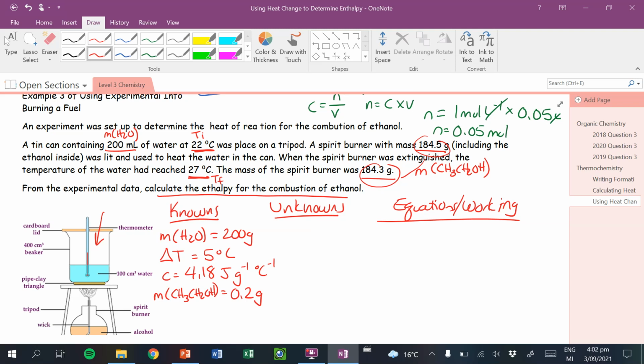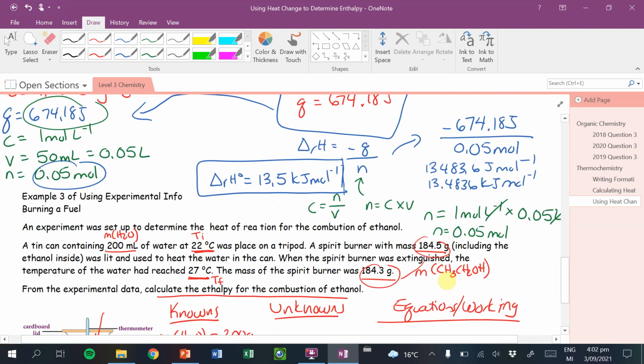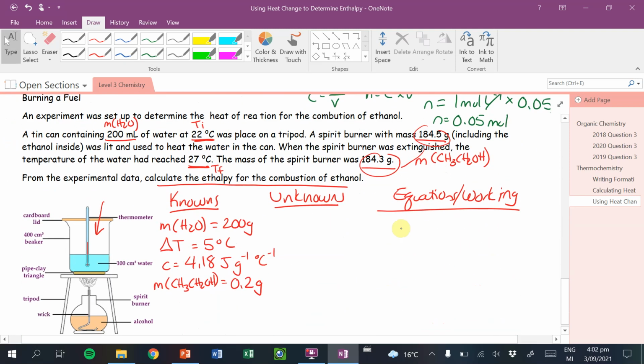Obviously, I'm going to need to know some things. So if I'm thinking about what I need to know, in my final equation, delta H of the combustion of the ethanol.